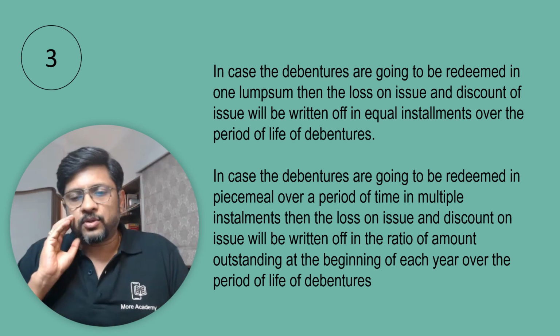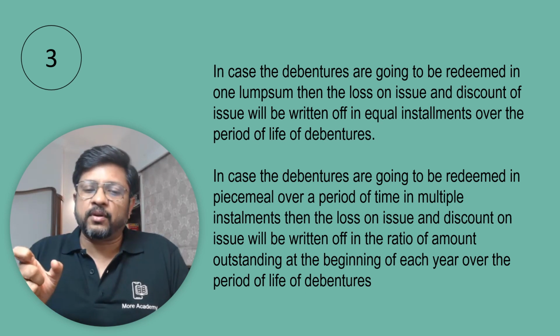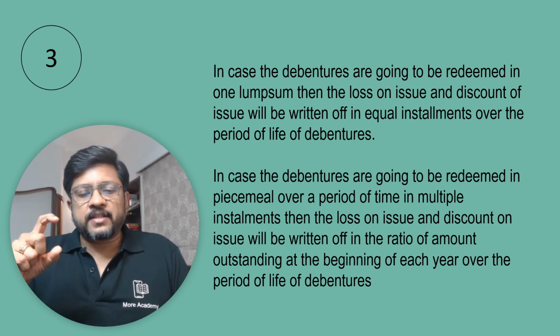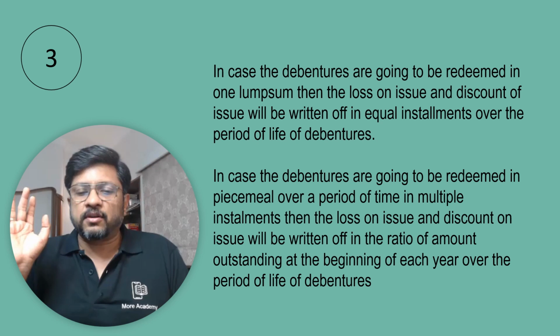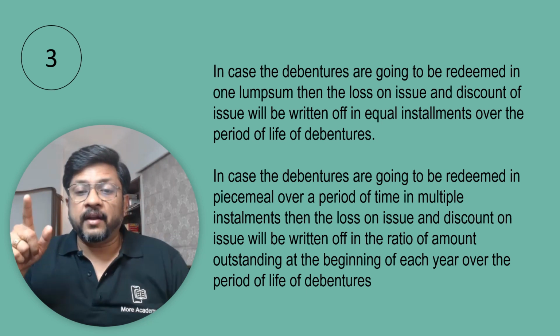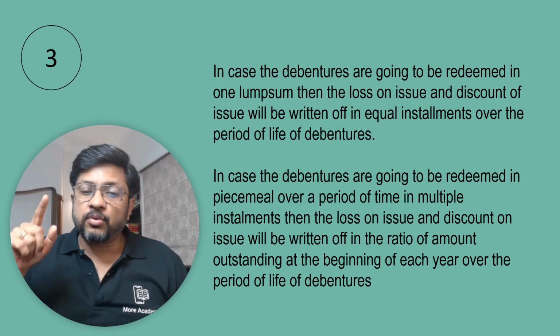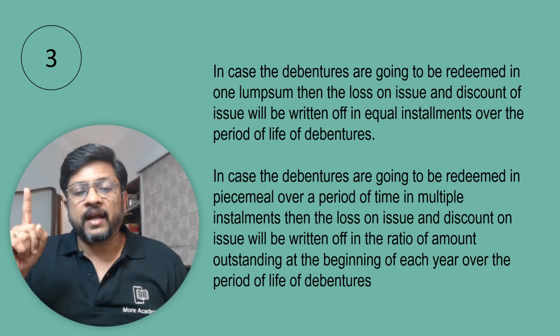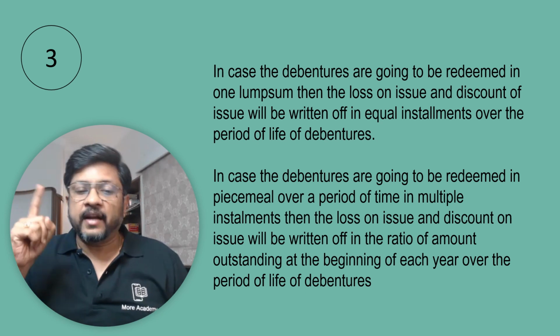You can use it here also. Find out the amount of discount, find out the amount of loss on issue, take the total of the same and then divide it by the number of years of life of debentures. Every year the same amount will be written off. That is the situation to be used only when the entire amount of debentures is going to be repaid in one single installment at the end of life of debentures.